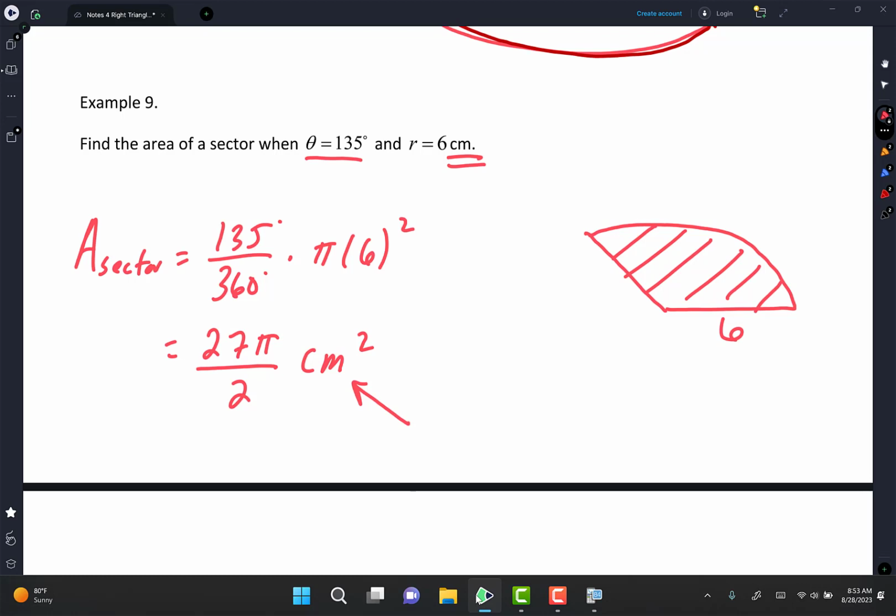What shape are those tiles? The square. So you say 4 square tiles. If they were shaped in a circle, you say 4 circle tiles. You know, because there's different tiles at the hardware store, right? So you say 4 square centimeters, or 27 pi over 2 square centimeters. Not centimeters squared, that's square centimeters.